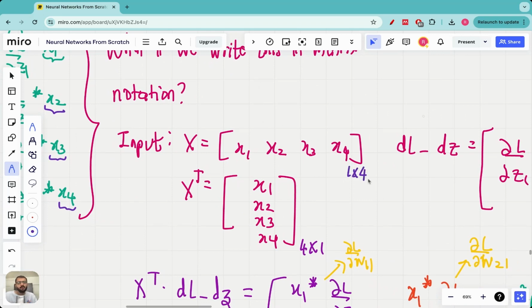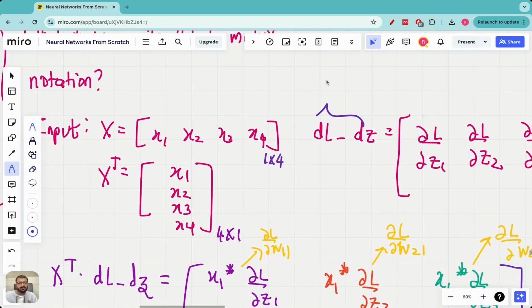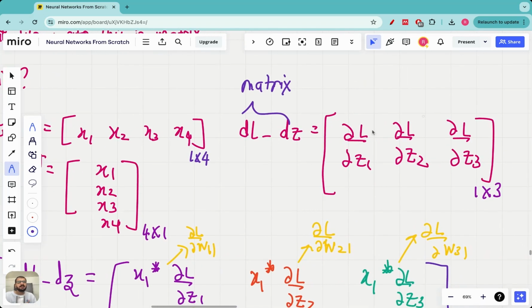So it is a 1 by 4. And then I'm going to define one more matrix which is the DLDZ matrix. This contains the partial derivative of loss with respect to Z1. It contains the partial derivative of loss with respect to Z2. And it contains the partial derivative of loss with respect to Z3. Remember, every neuron will have one output. So this is the first neuron.